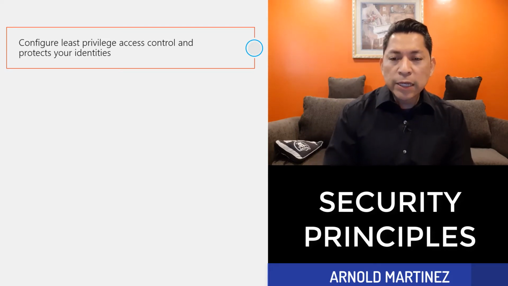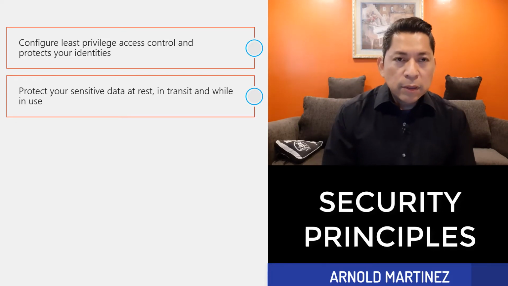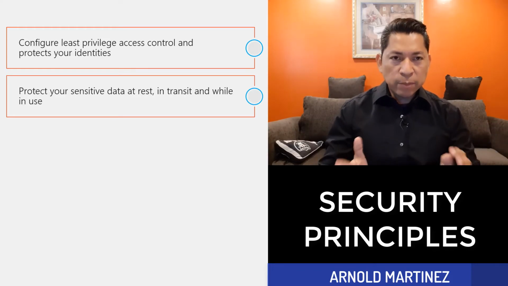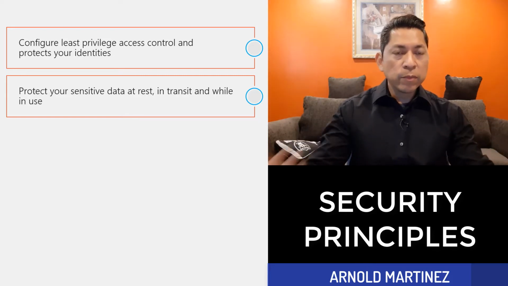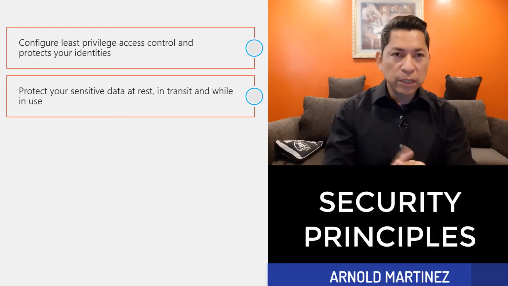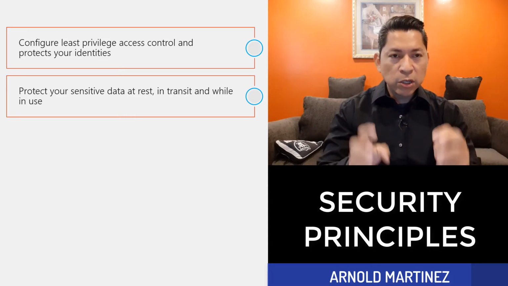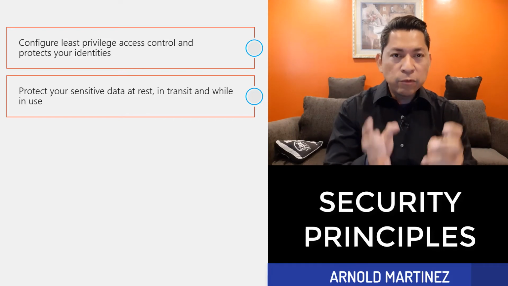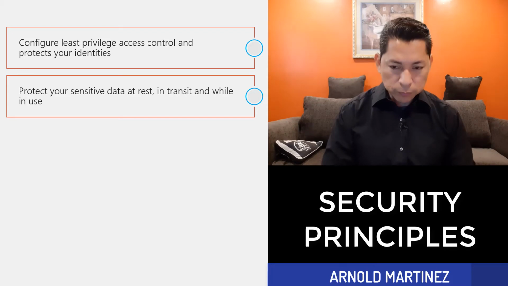The second principle is about protecting your sensitive data. Where is your data? There are two types of information in your organization. One type is structured information, which is stored in your databases, in a single repository with specific security parameters and strategy to protect that information, like protecting a database in SQL or Oracle or whatever.